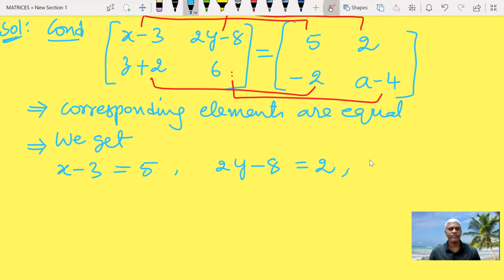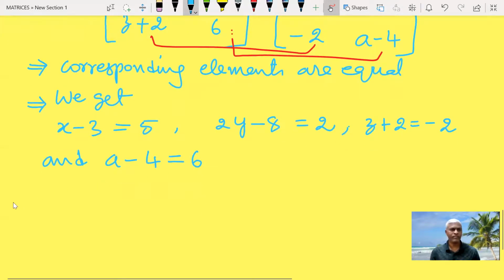And z plus 2 is equal to minus 2. And 6 is equal to a minus 4, or a minus 4 is equal to 6.